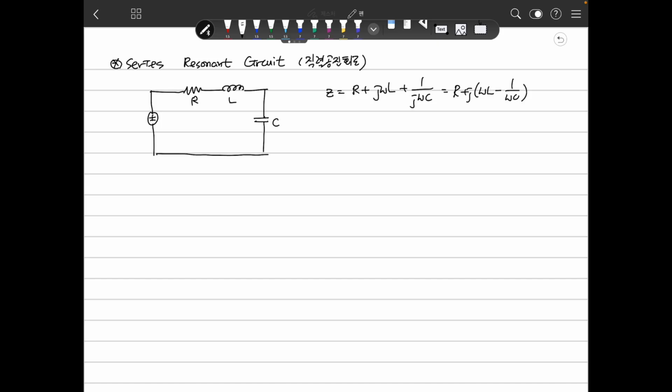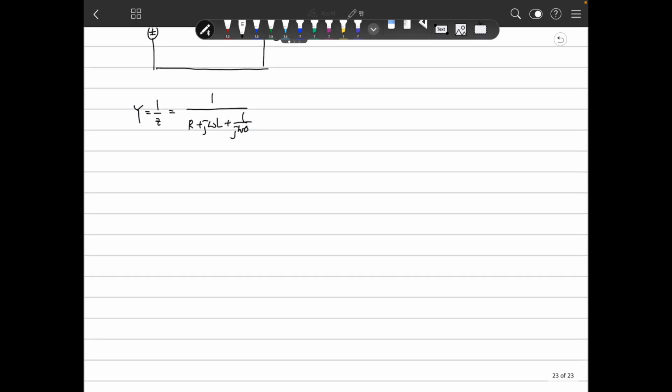So in this case, we can draw the admittance Y. Y is 1 over Z. So therefore, there will be 1 over R plus J omega L plus 1 over J omega C. Then there will be 1 over R times 1 over 1 plus J omega L over R plus 1 over J omega RC.